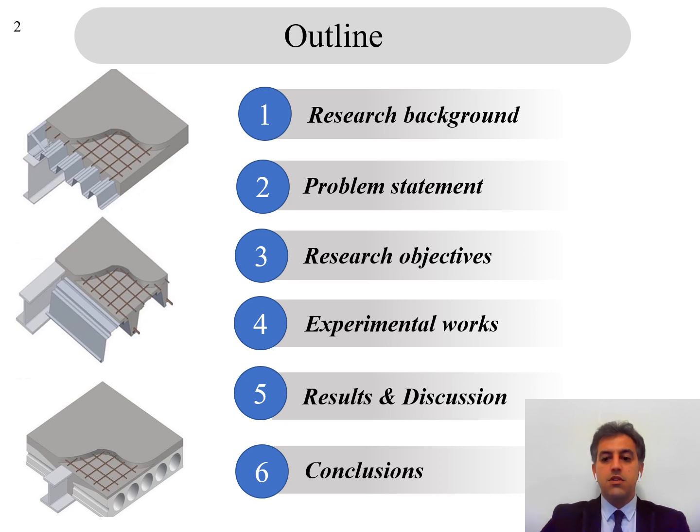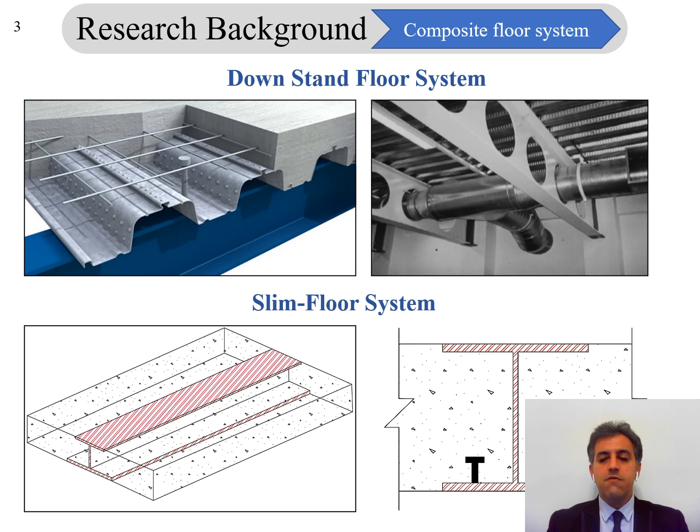Downstand floor system is a conventional type where the concrete slab is placed on top of the steel beam, and the composite action between that concrete slab and the steel beam is provided through the shear stud connector welded on top of the steel beam.